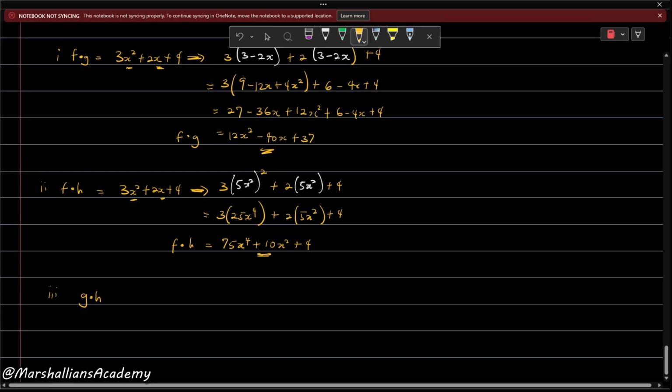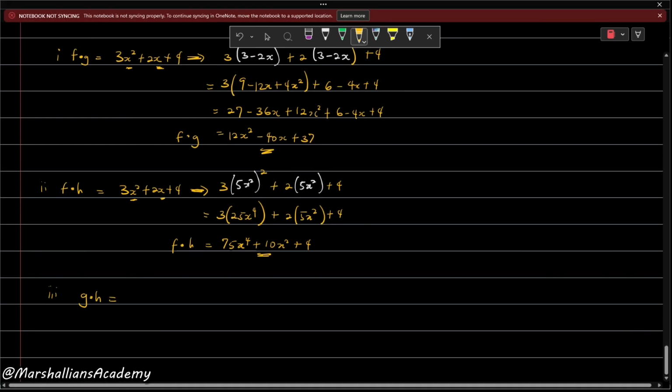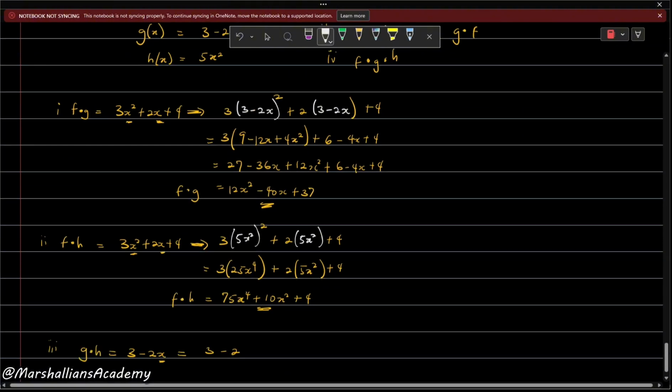So I have to write the exterior function first, which is g's function, 3 minus 2x. And every single place I have x in my g function, I'm going to be putting the h function, which means I'm going to be having 3 minus 2 into brackets. What is h's function? Let's check it. 5x squared.